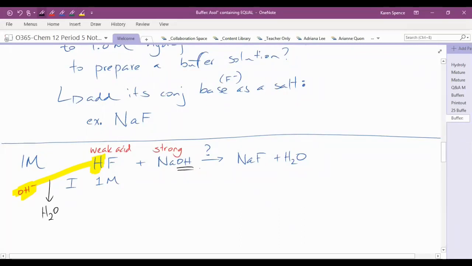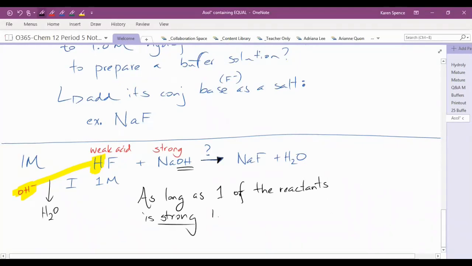And so this actually will be a one-way arrow. As long as one of the reactants is strong, you're not going to get an equilibrium. Okay, as long as one of the reactants is strong, the reaction will go to completion.